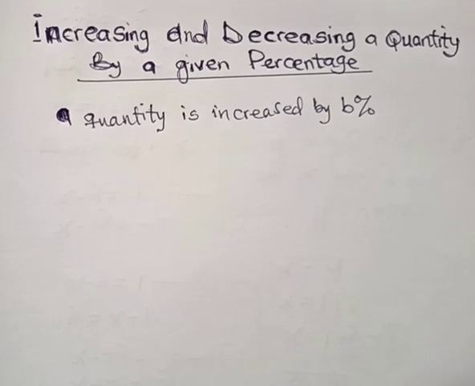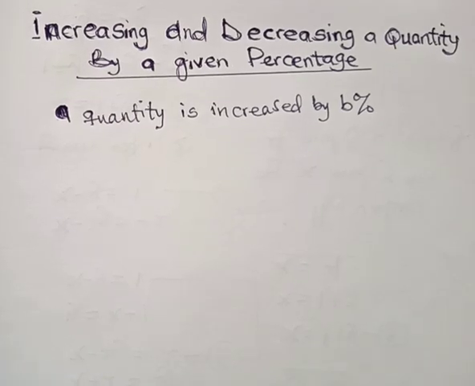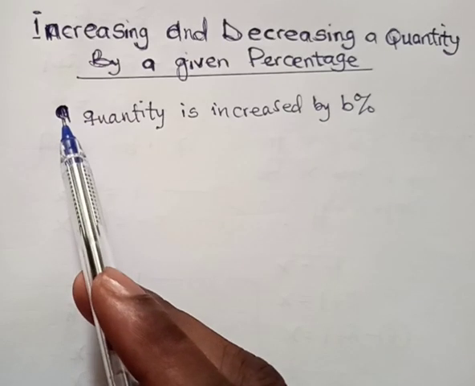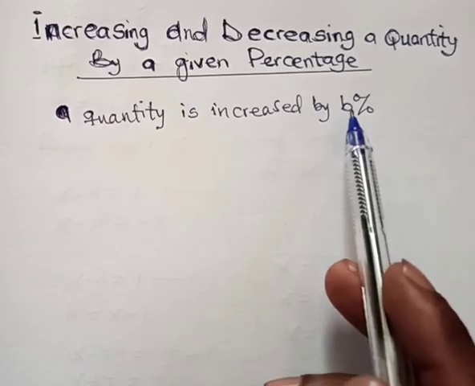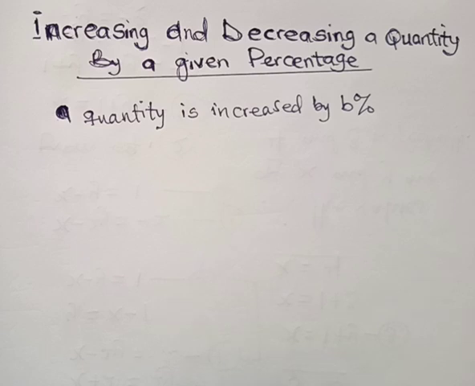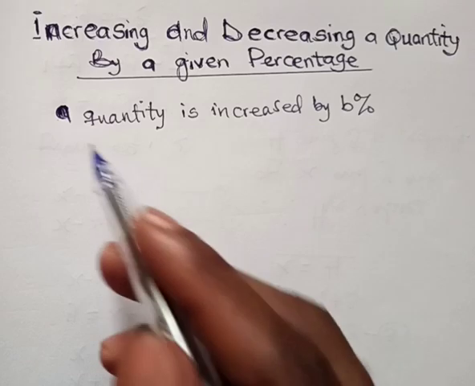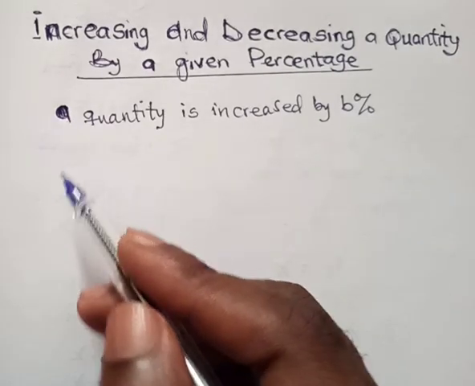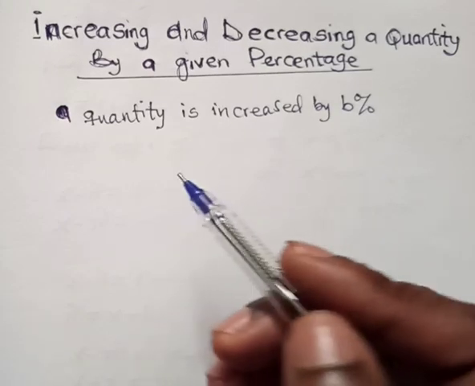Okay, so when you have this, we have two different ways we can look at this. How are we going to increase this quantity by the given percent? Or if you have a quantity to be decreased by a certain percent, how are we going to go about it? So if you have this quantity here as my A, then how do I increase it?